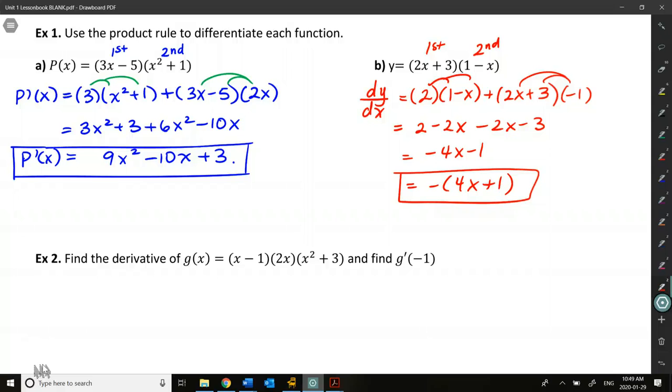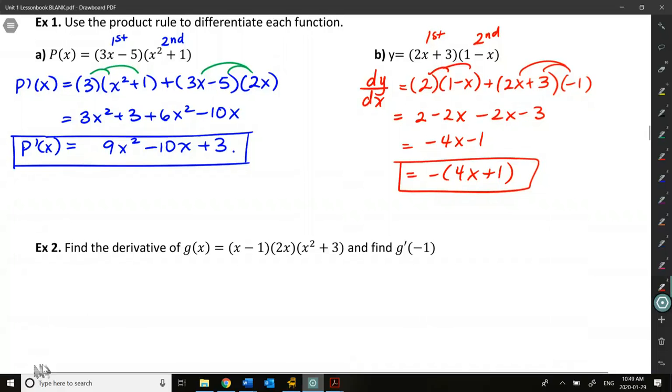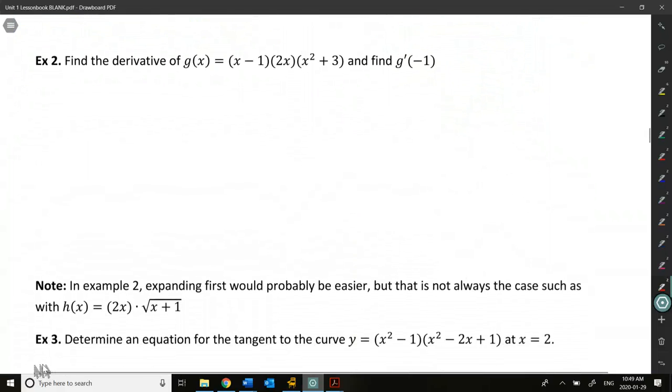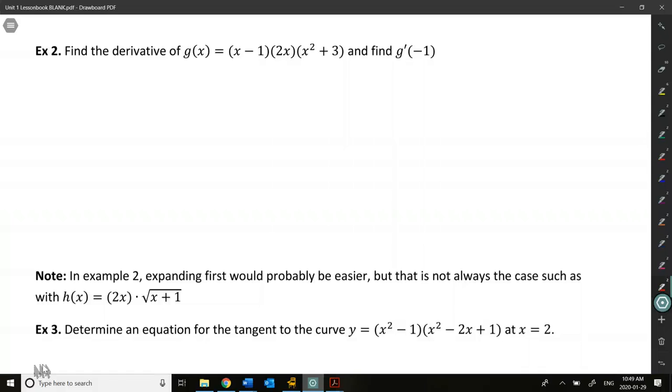Okay, so you can see how our stuff from yesterday is coming into play here, right? We have to use power rule as we're doing this. All right, so in example 2, we actually have a product of 3 different things. So there's a couple ways that we can do this.